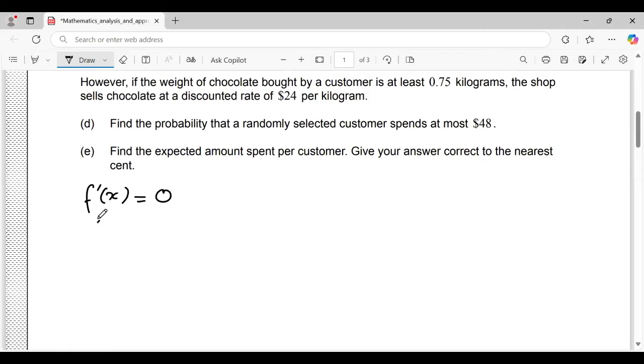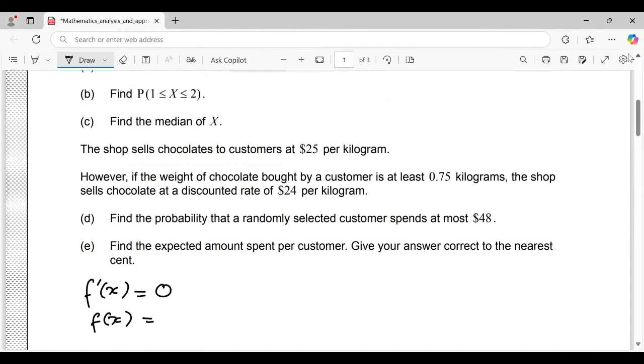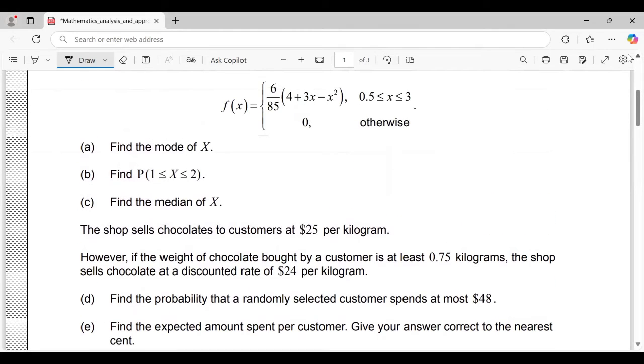Now, f(x) equals, wait, I forgot this function, this is f(x), 6 over 85 times 4 plus 3x minus x squared, with interval x from 0.5 to 3, right?